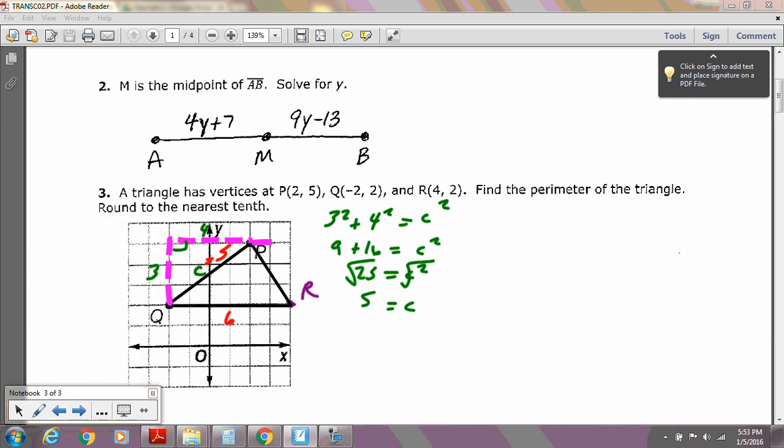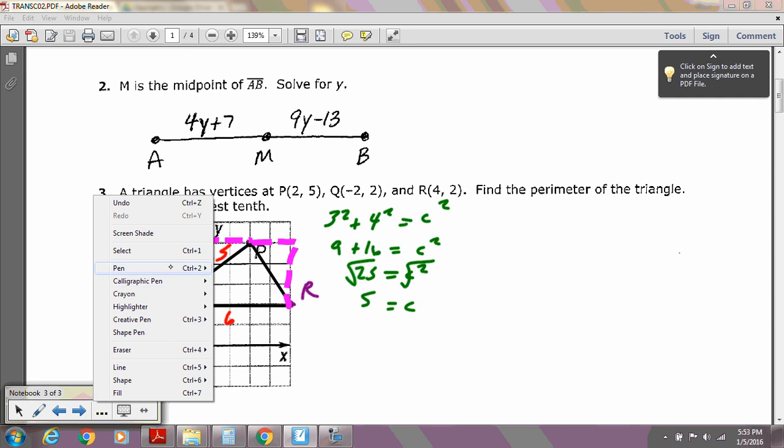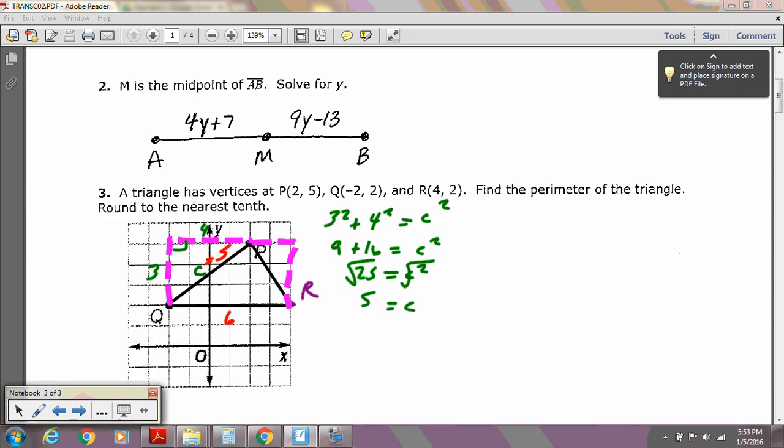You do the same methodology to find the distance from P to R. You would make a right triangle using these tiles. So I went 2 to the right and 3 down. So that means it's 2 squared plus 3 squared equals C squared.